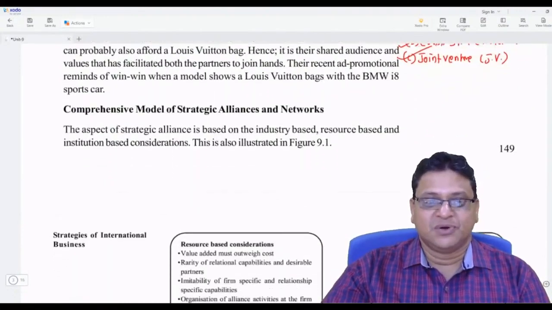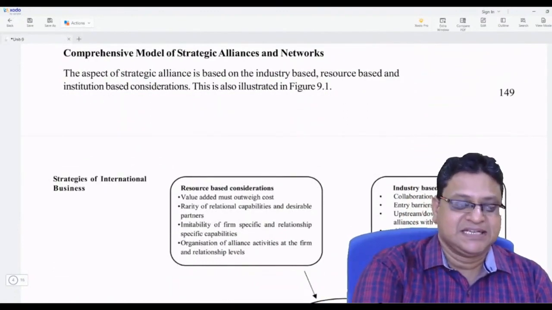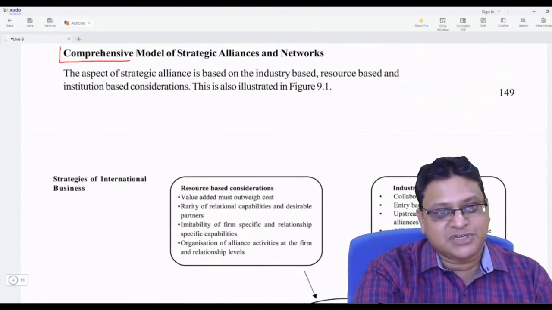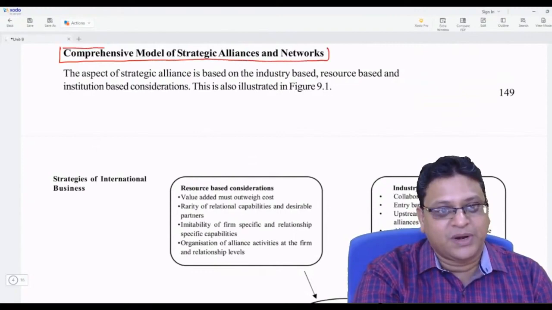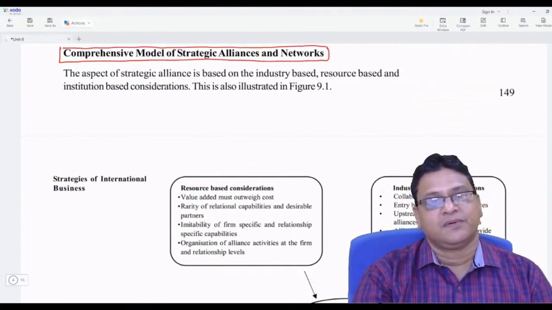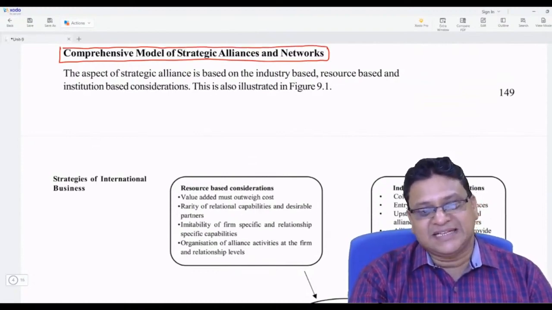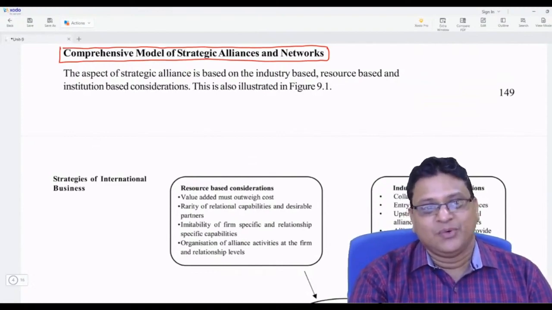Next, we will discuss the comprehensive models of strategic alliance. So we have discussed strategic alliance. Now we will discuss different comprehensive models of strategic alliance network. Generally, the strategic alliance is required for three purposes.